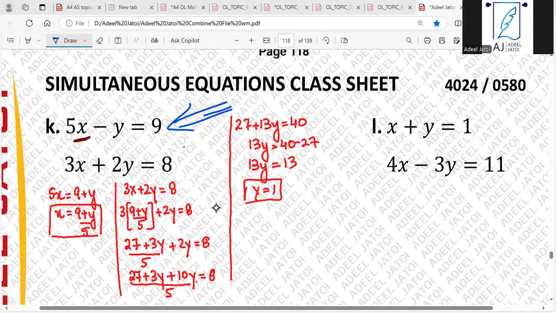So in the second equation, the value of x will be 9 plus y upon 5. So x is equal to 9 plus 1 upon 5. x is equal to 10 upon 5. So x becomes 2. Coordinate becomes 2 comma 1 for part K.